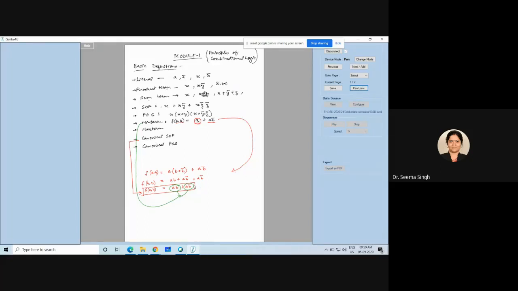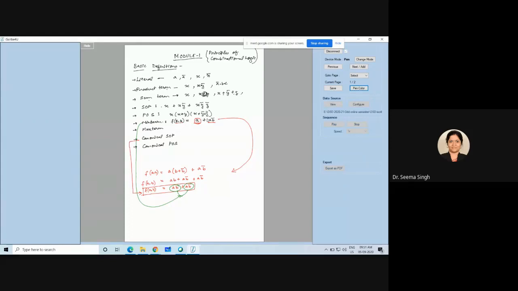So I corrected it and made it in minterm form. Same applies for maxterm. Minterm and canonical SOP is clear to all of you? Yes, ma'am. Okay, now I want you to write the definition of canonical SOP.